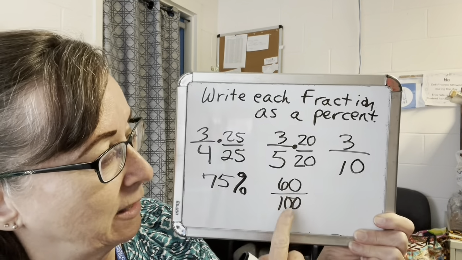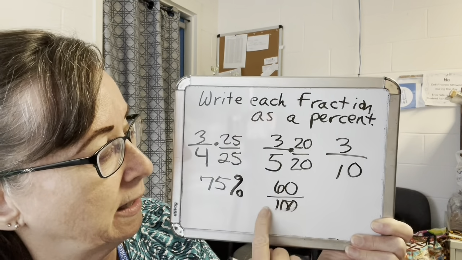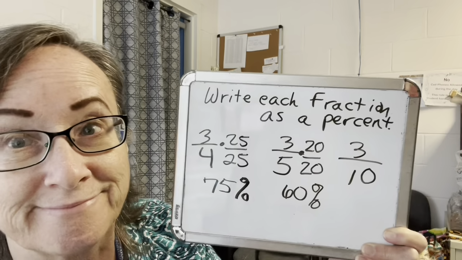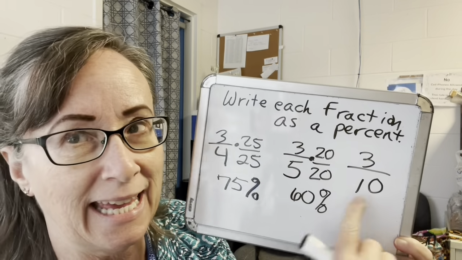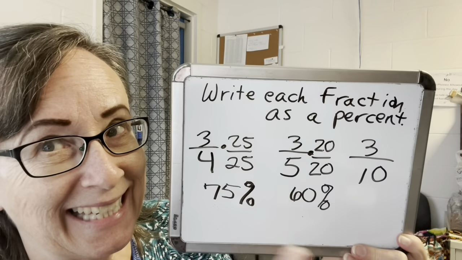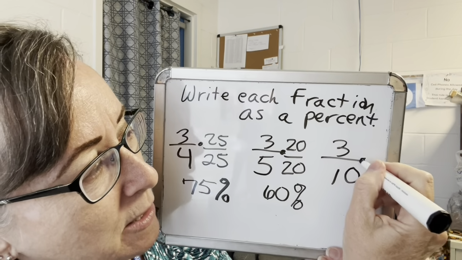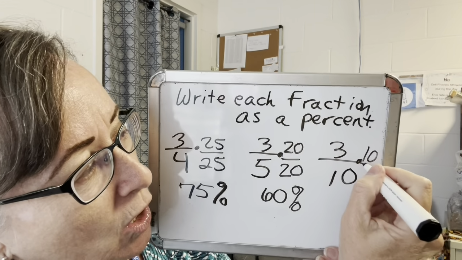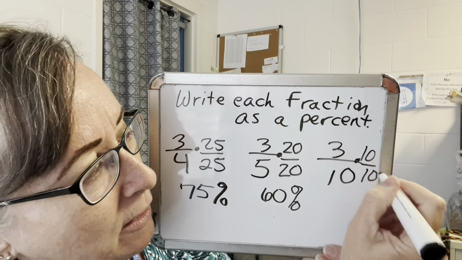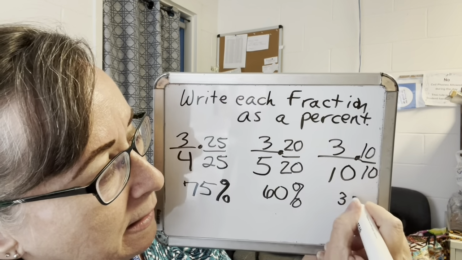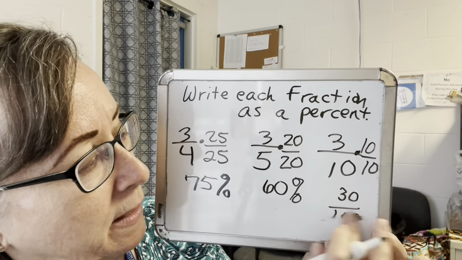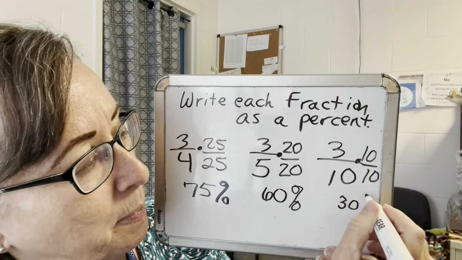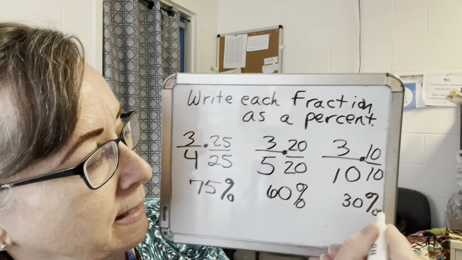And 60 over 100 is 60%. And the last one is very easy because 10 needs to be multiplied by 10 to get to 100. So I'm going to multiply by 10 over 10, which gives me 30 over 100. So I take off the 100 and I put on the percent sign.